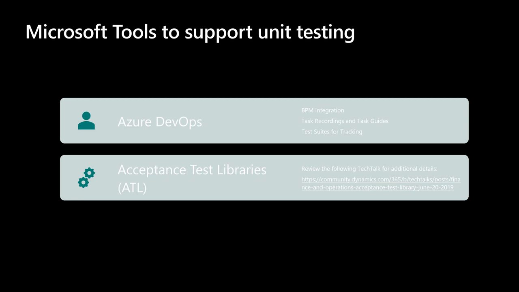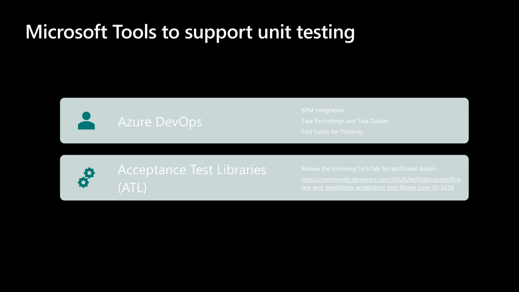The other thing that's available: as I mentioned, you have requirements that could be fits or gaps. If you do have some of those gap requirements and you're writing extensions or customizing the solution, another great tool that developers or technical folks can focus on is that we make available all of our standard Microsoft acceptance test libraries.